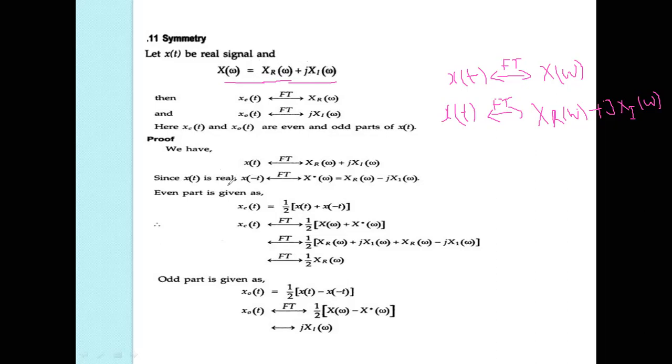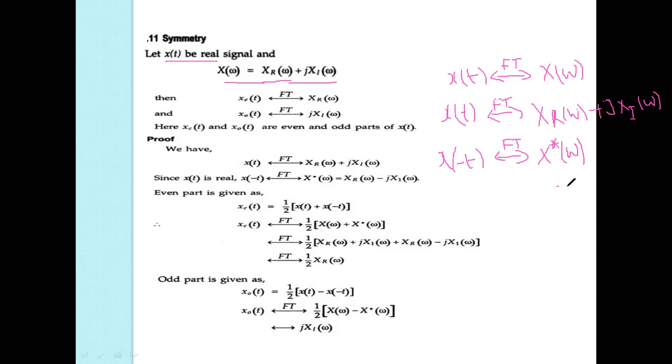Now, since x of t is real, x of minus t is a Fourier transform pair of x star of omega, the conjugate.